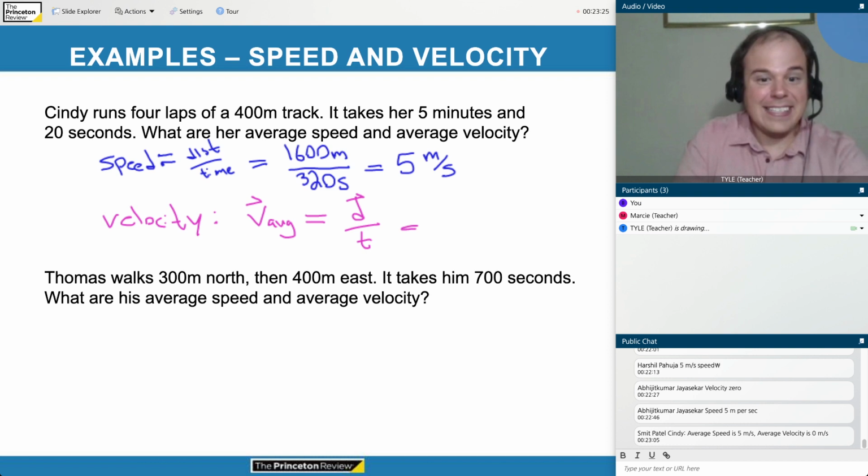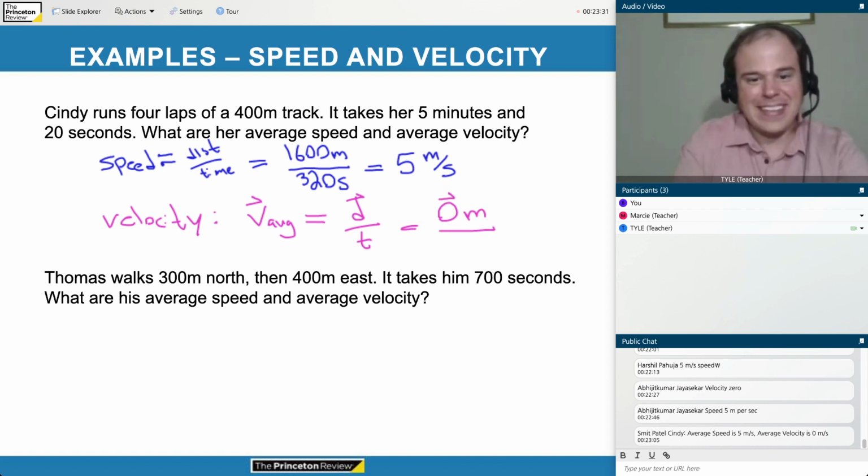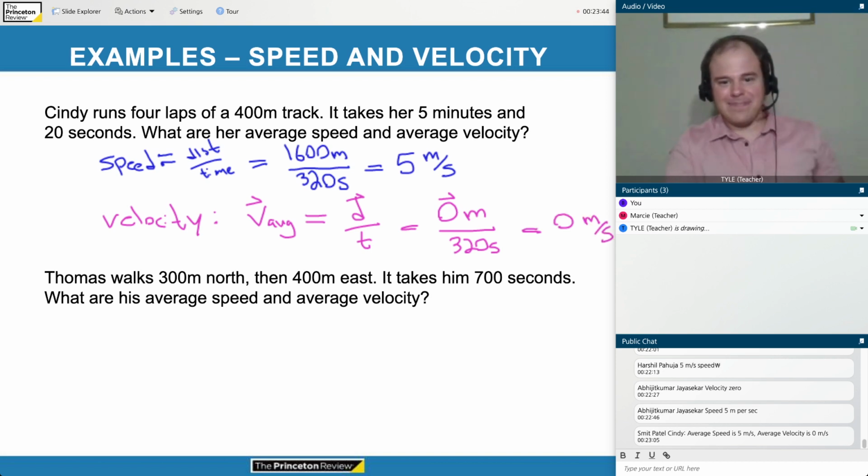And Cindy's displacement was 0 meters. I could write it with a little arrow to show that it's a vector 0. But again, there's still no real direction since she didn't go anywhere, divided by 320 seconds. But if she didn't go anywhere, then her velocity is still 0 meters per second.